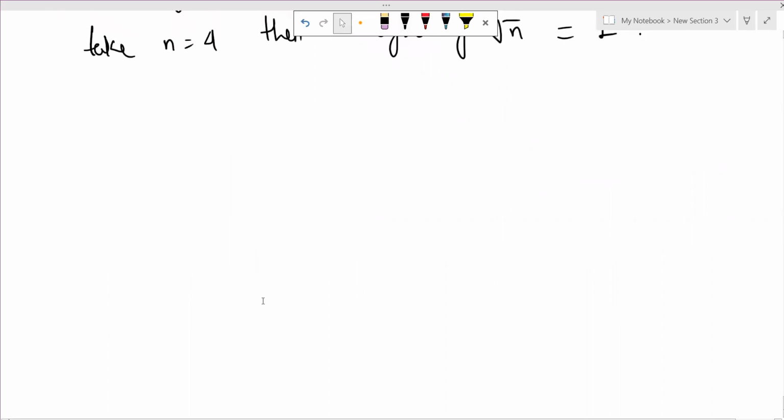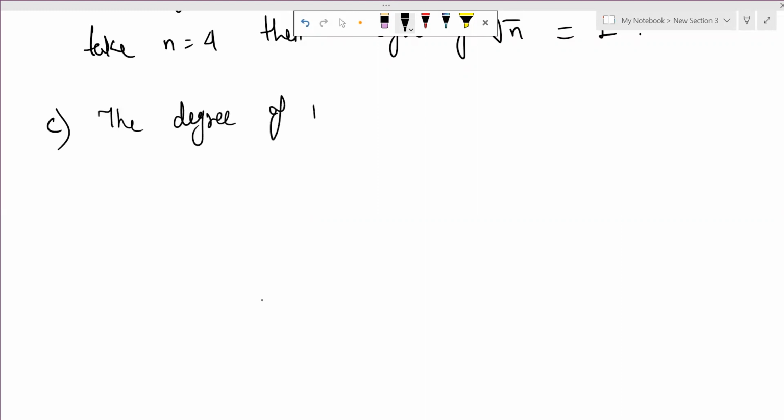So next option. Let's finish this question, then we will end this session. The degree of root 2 plus root 3 over Q is 2. Is this true or not?